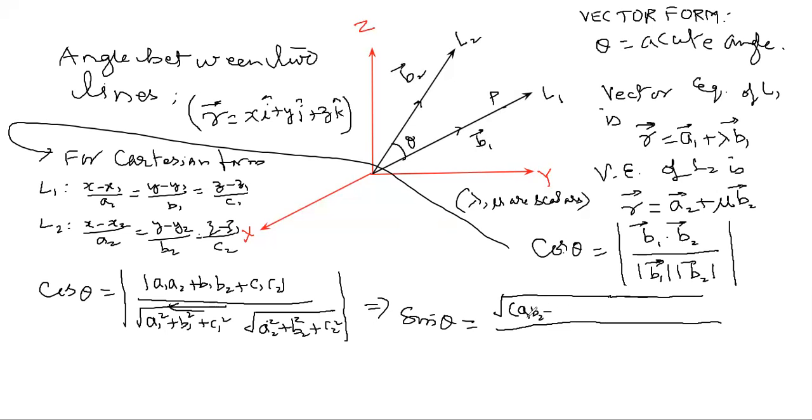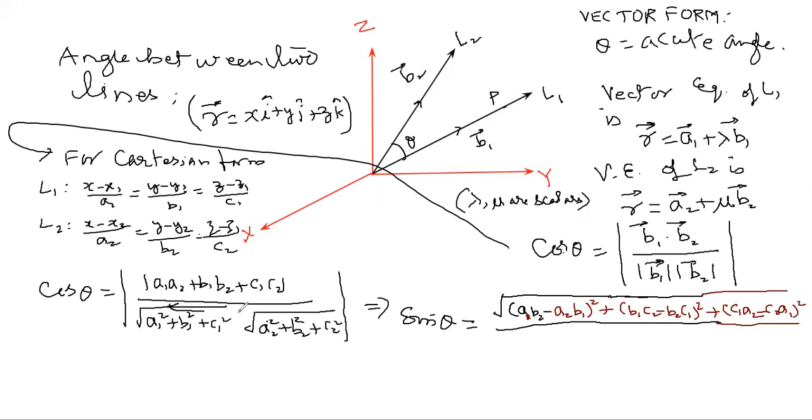The numerator is a1 b2 minus a2 b1 whole square, plus b1 c2 minus b2 c1 whole square, plus c1 a2 minus c2 a1 whole square.